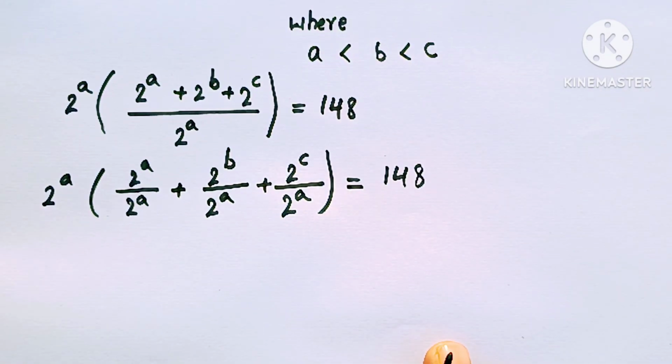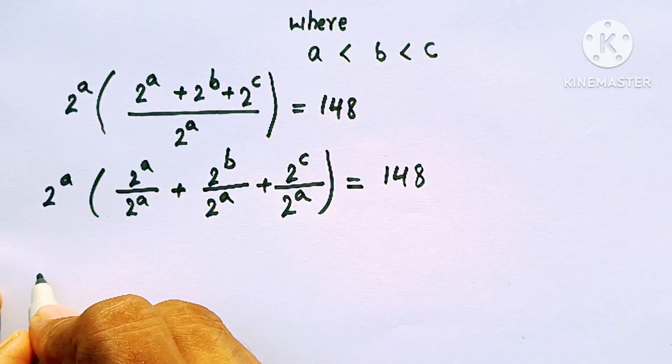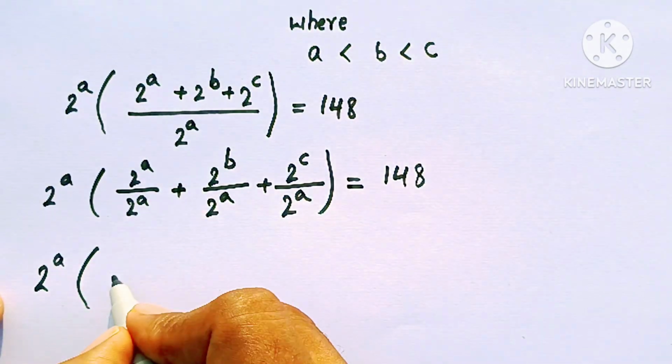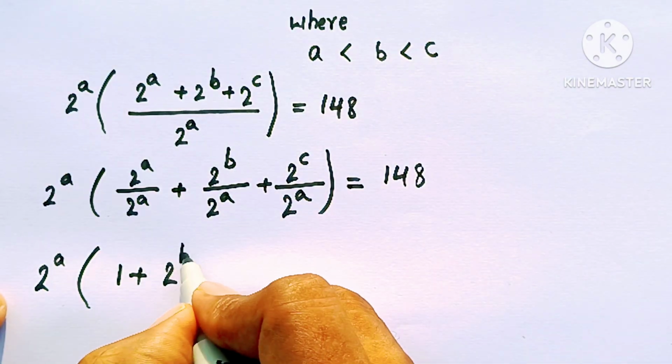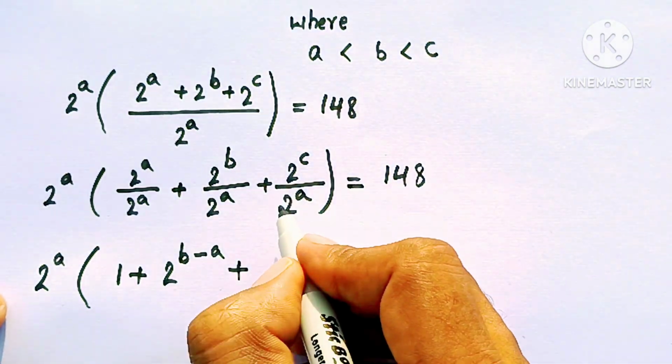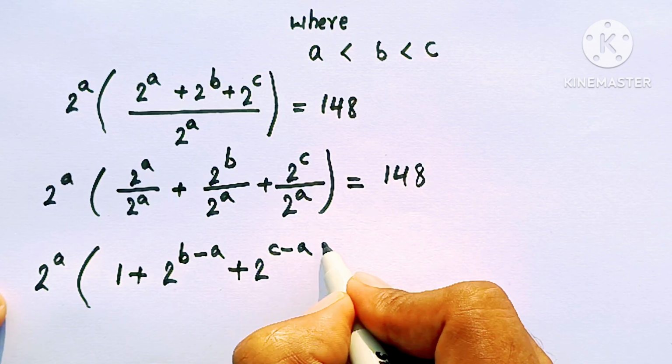Now this one, 2 to the power a divided by 2 to the power a, will be 1, and as the bases are same, we can write 2 to the power b minus a, and here 2 to the power c minus a, that is 148.